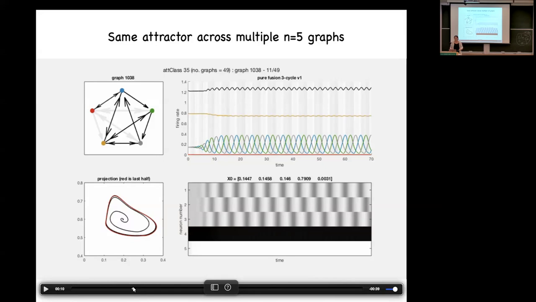Other questions? Yes. So did you also see cases where the second attractor was kind of part of a different network? So there are plenty of networks that have that 1-5 stable fixed point as an attractor as well. Yeah.